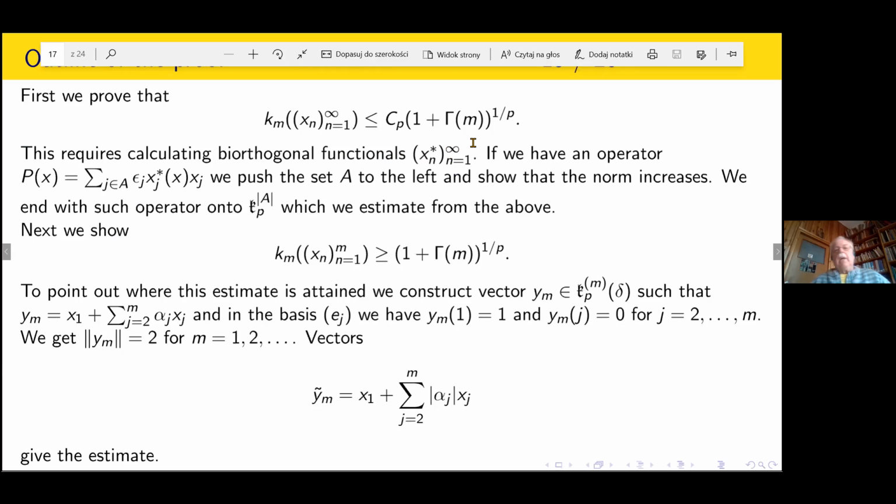Now, if you look only at Kp, then the biorthogonal functional is a functional which is 1 at some x and 0 on all other x's. However, we would like to calculate them as a sequence, in other words, as an element of L infinity, say.